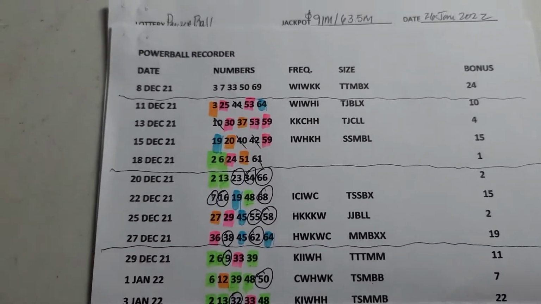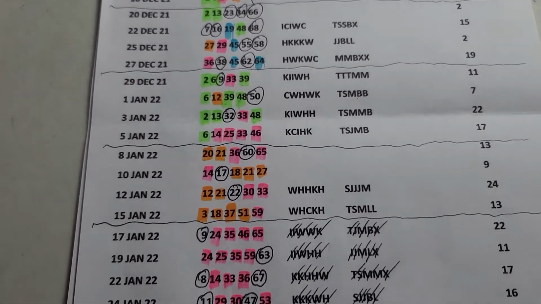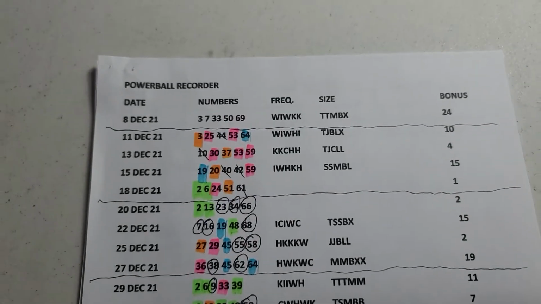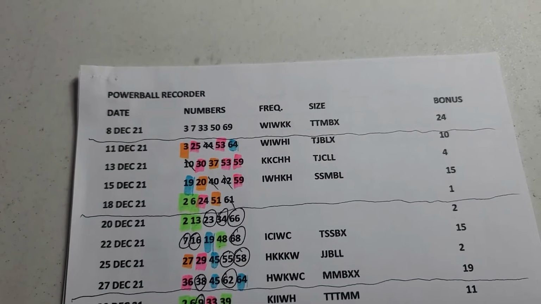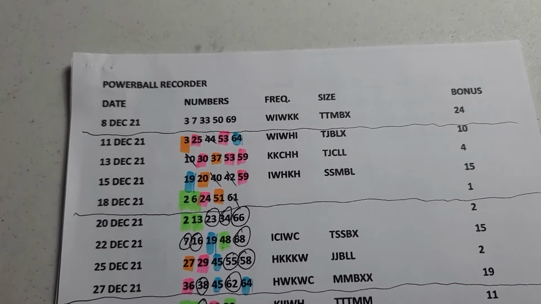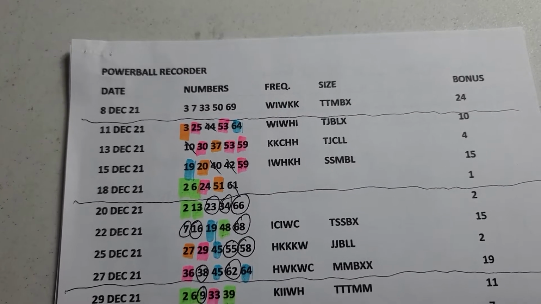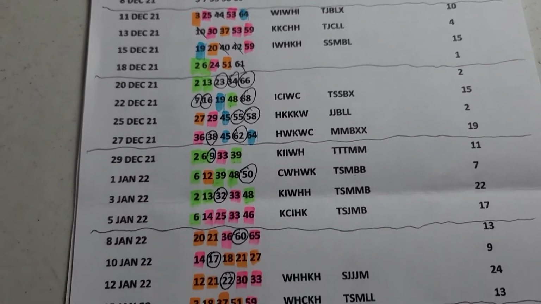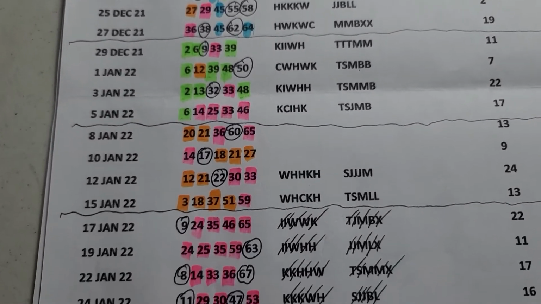The third sheet that tracks the information that I'm looking at, this is the daily draw. And it's the Powerball recorder. This is a draw recorder, and here are the numbers from the last 20 draws.